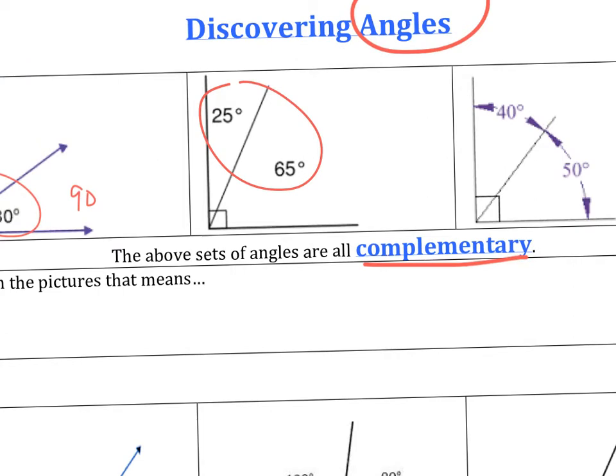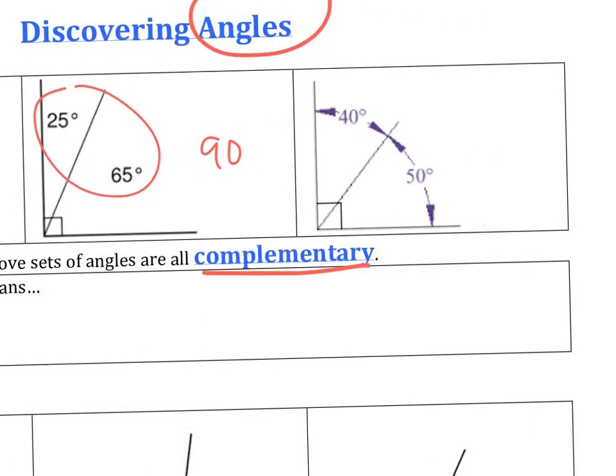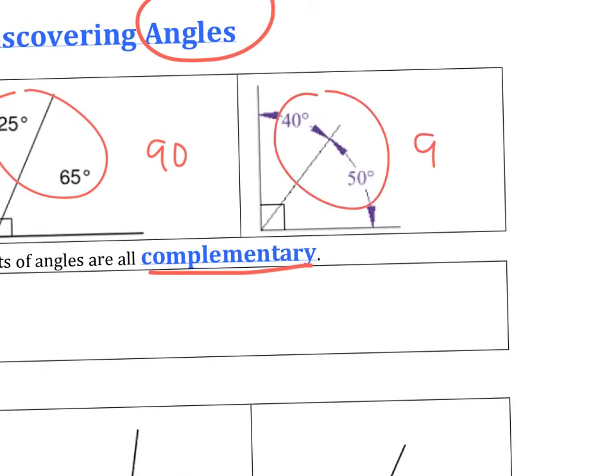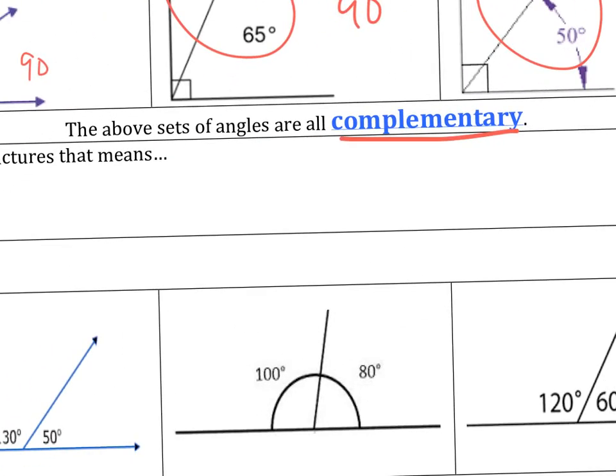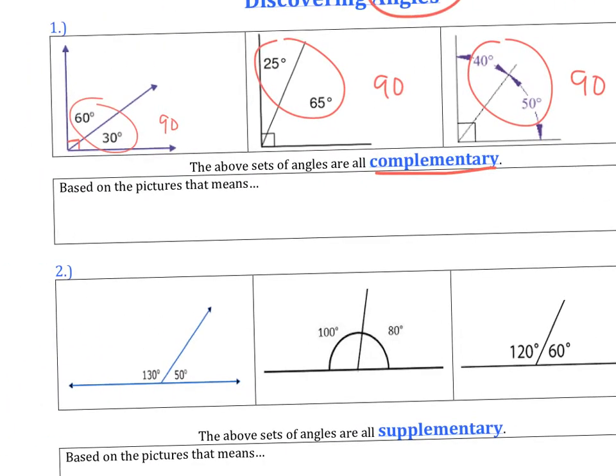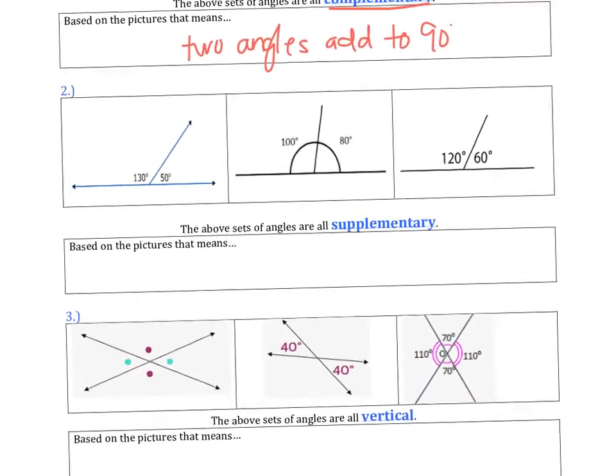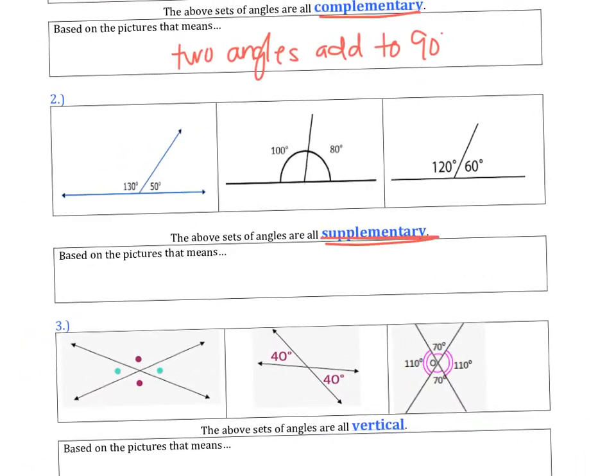These two numbers add to 90, and these two numbers add to 90. So complementary angles means that two angles add to 90 degrees.